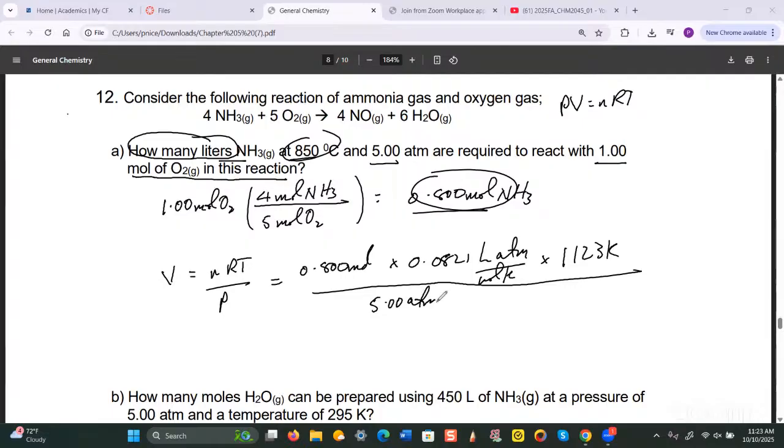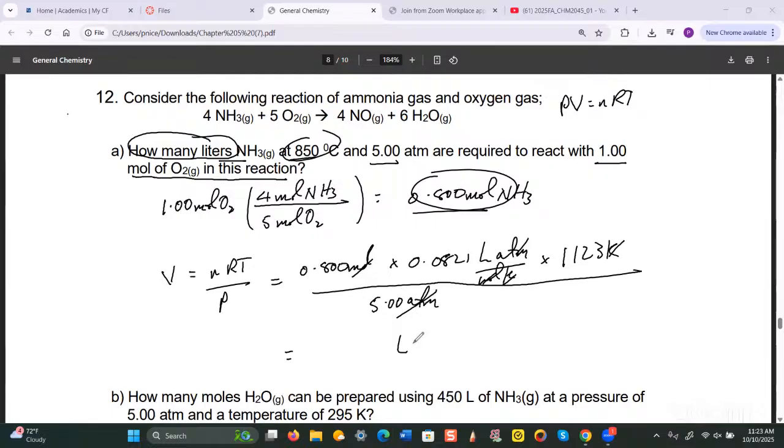All right, and that's it. The atmospheres will cancel out. Excuse me, the Kelvin will cancel out, and the moles will cancel out. So your final answer is going to be in liters. So 0.800 times 0.0821 times 1,123 divided by 5.